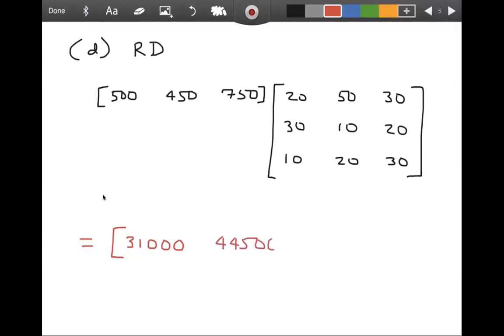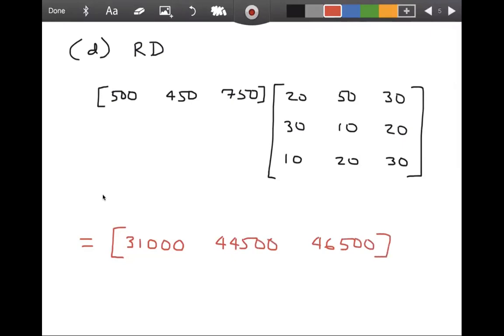And then finally for store three, we have 500 times 30 plus 450 times 20 plus 750 times 30. So store three had sales of 46,500.